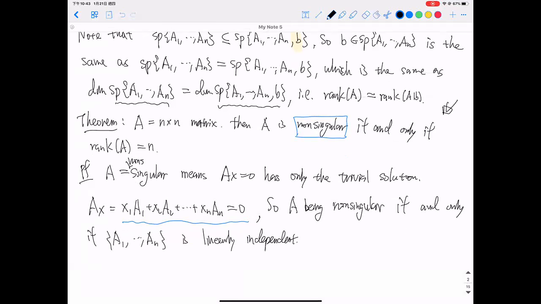Being linearly independent means exactly that this equation is only possible when the x's are all equal to 0. Okay.